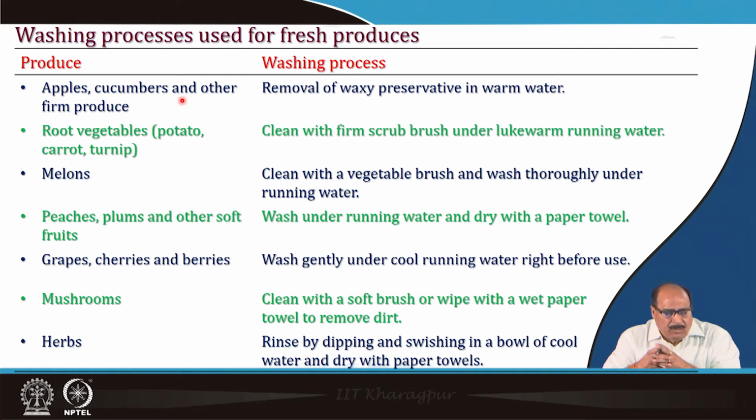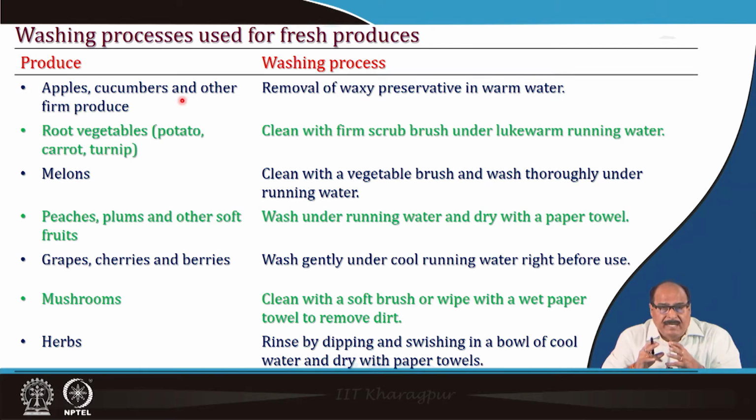Root vegetables like potato, carrot, turnip etc. are cleaned with a firm scrub brush under lukewarm running water. Fruits like melons are cleaned with a vegetable brush and washed thoroughly under running water. Soft fruits like peaches and plums are washed under running water and dried with a paper towel.